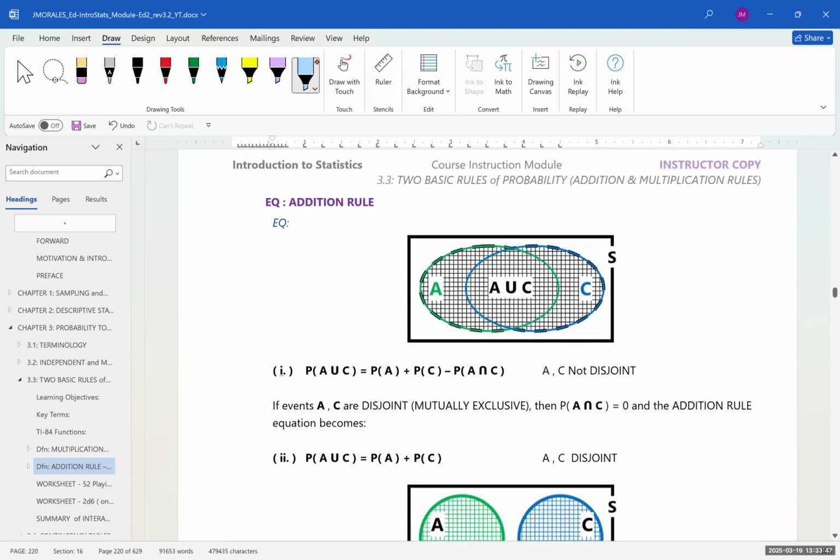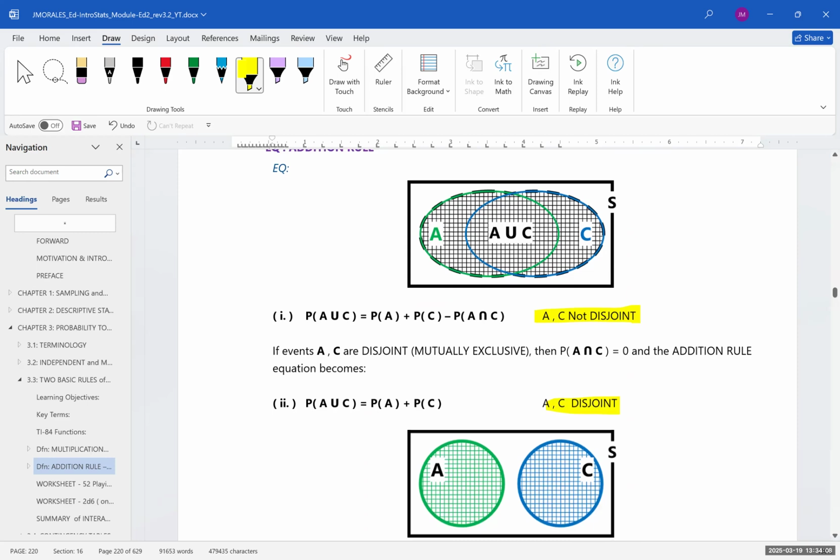Just like the multiplication rule, there are two variants for the addition rule as well. Instead of being based on whether two events are dependent or independent, they're based on whether they're disjoint or not disjoint. Okay. And if you remember, not disjoint means they overlap. Disjoint means they do not overlap.